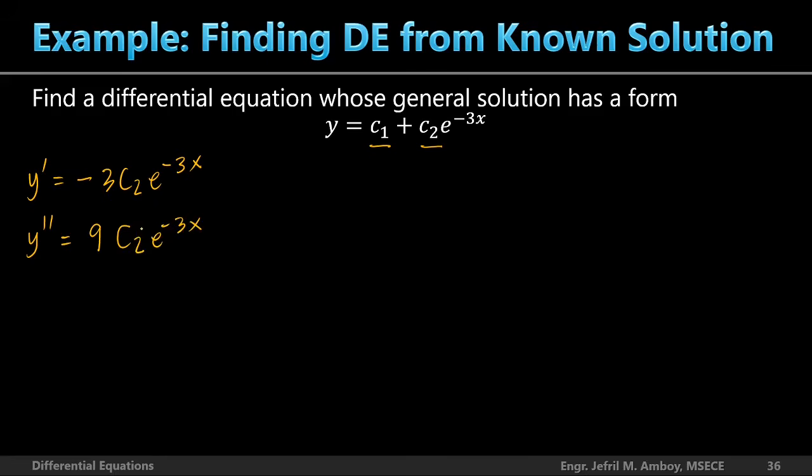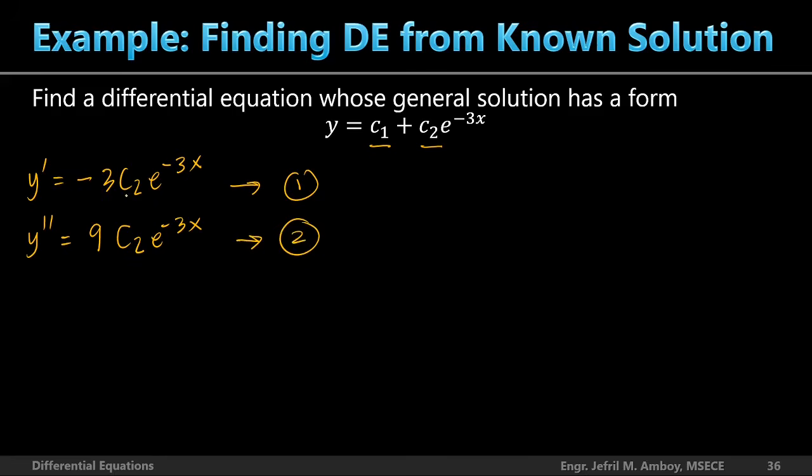So now, how are we going to eliminate this arbitrary constant c2? Actually, these are two similar terms. So we can add them in order to eliminate c2. So I can multiply this by 3. So let's call this equation 1. And let's call this equation 2.